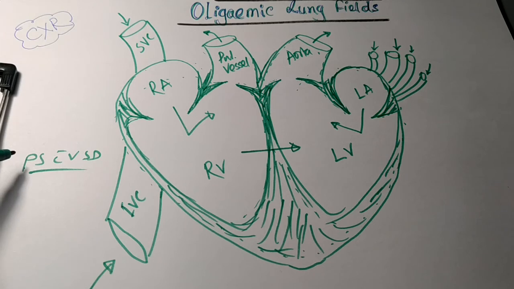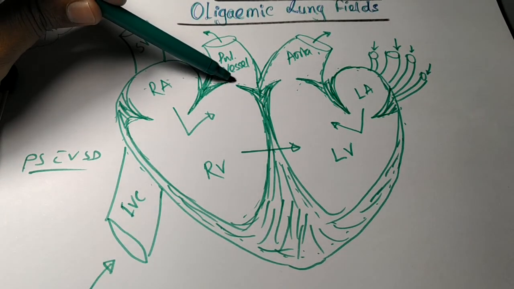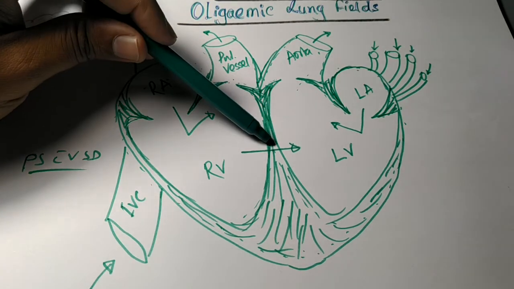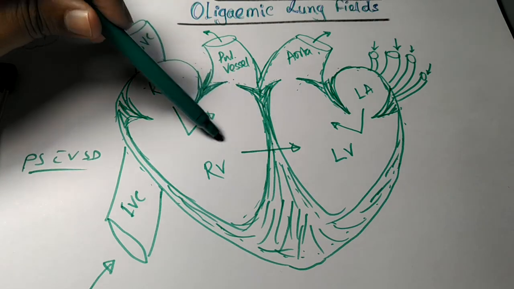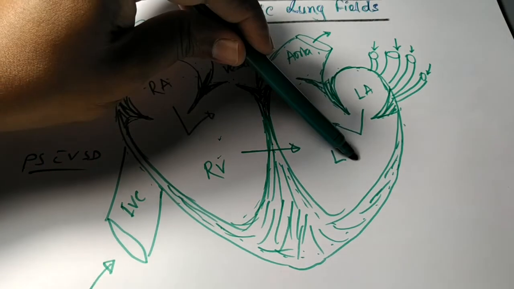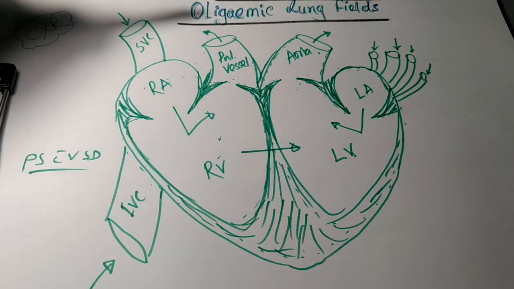It is not the tetralogy, it is another problem, PS with VSD. Here the pulmonary valve is stenosed. In presence of pulmonary stenosis, if the patient has VSD, it is very easy for this blood to pass from the right ventricle to the left ventricle, making the lung field oligemic.